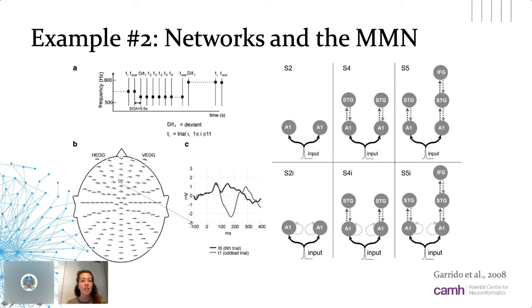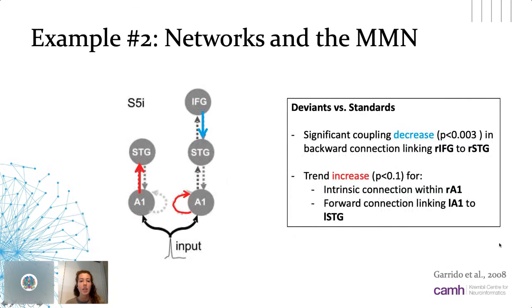So model S5I here covers the hypothesis that both local adaptation within the primary auditory cortex and interactions within this temporal frontal network underlie the generation of the MMN. And what the authors found was that both the standard and deviant ERPs were explained best by the same model, S5I.